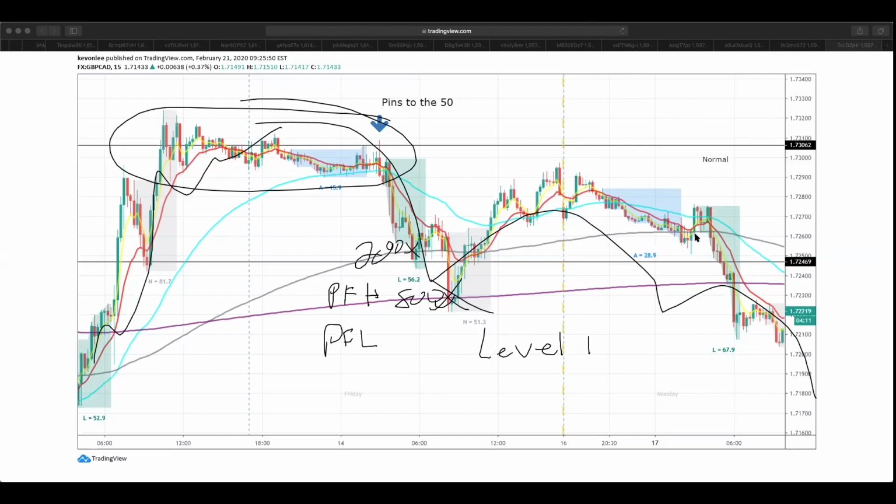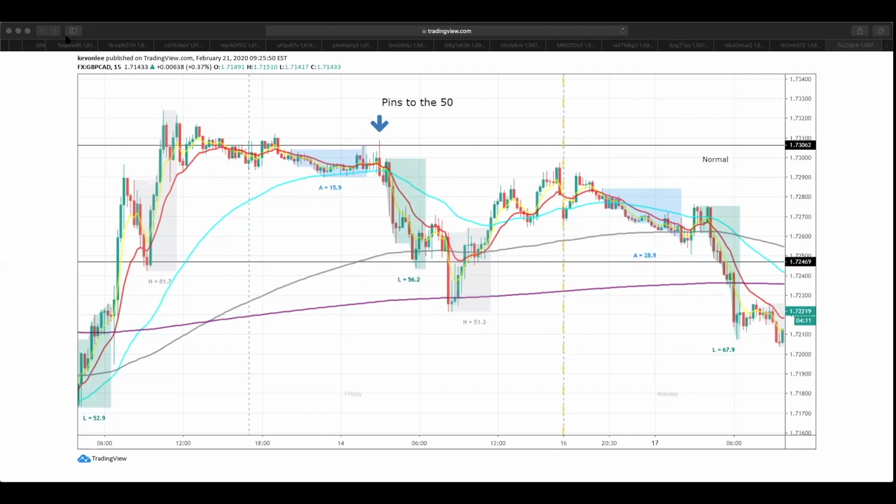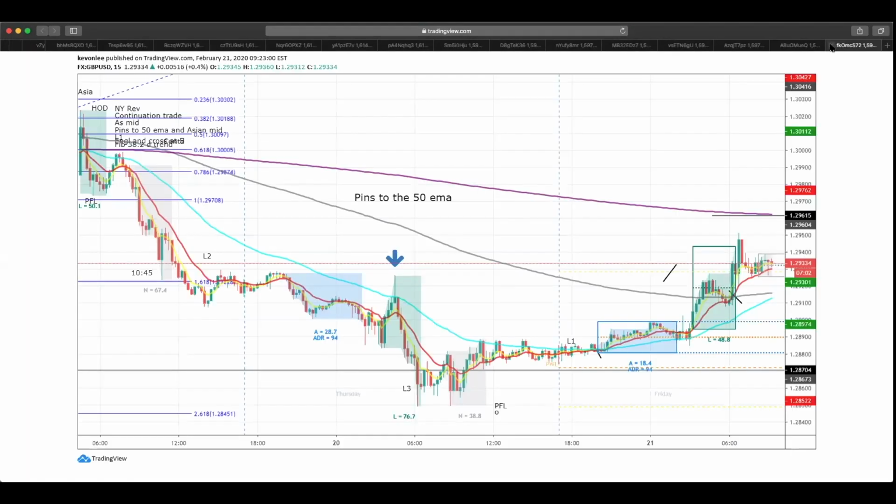As soon as the London session opened, it went up to the top of the range, right back down to the middle, and then took off. It went all the way up to the 800 and then went sideways and ended the week. So if you want to look at another example, that would be a good one that just happened last Friday. Okay. All right, let's go to this one here.